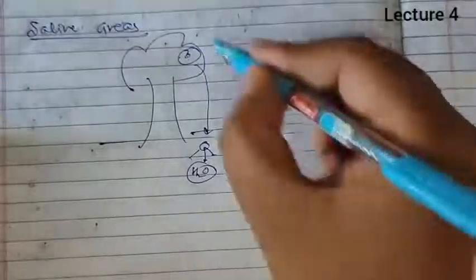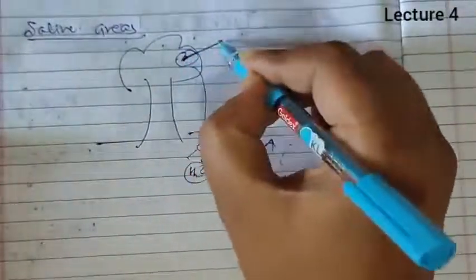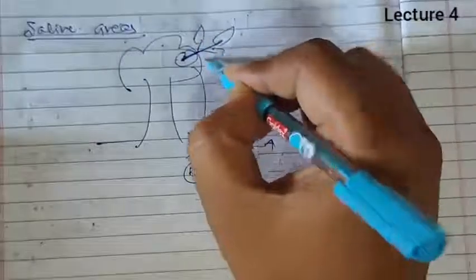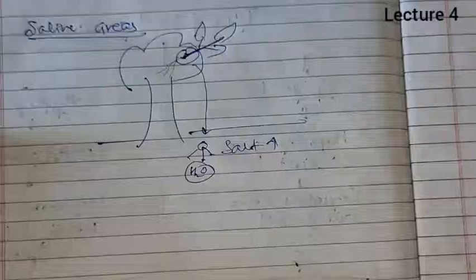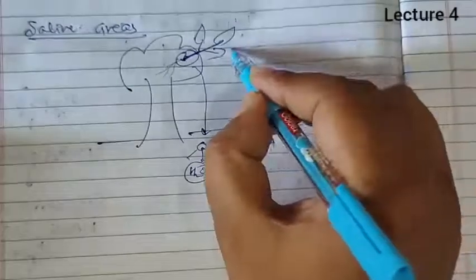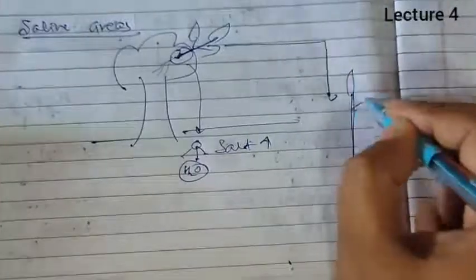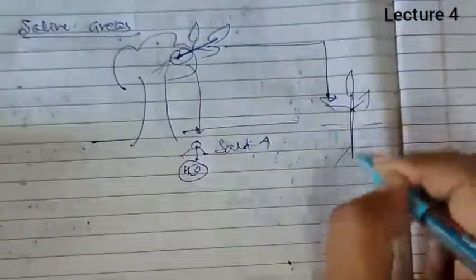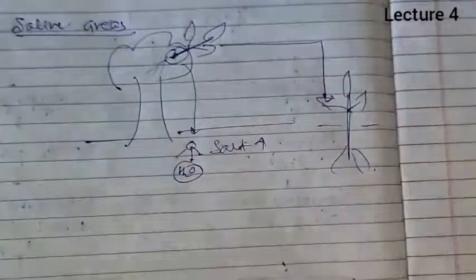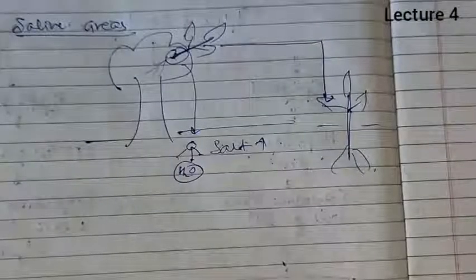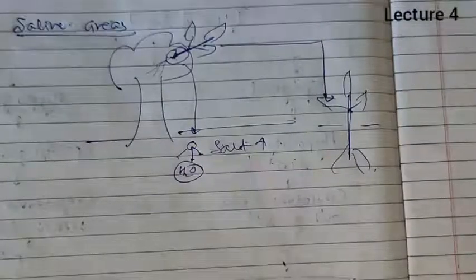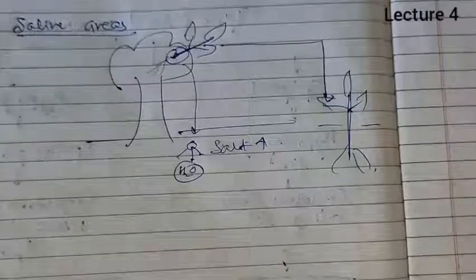So what they have evolved is they started germinating the seed while present within the fruit on the plant. When their weight increases, they fall on the soil, and within soil they establish and grow as a new plant. So this occurs in case of marine or saline, salty habitat of a mangrove plant.